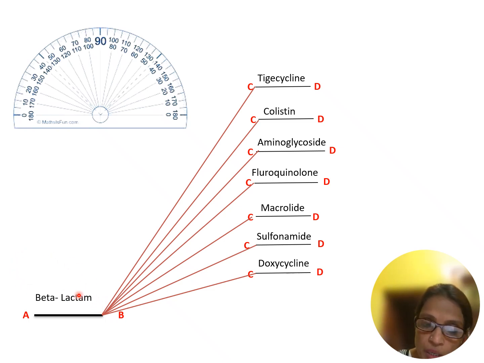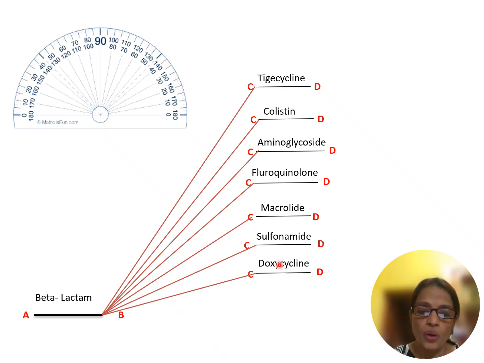Which beta-lactam antibiotic? Again, based on the severity, we will discuss what antibiotic is to be given. Now, to cover the atypical pathogens, I have given you a host of options here. Tigecycline, colistin, aminoglycosides, fluoroquinolones, macrolide, and doxycycline.